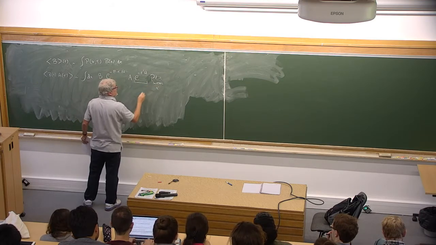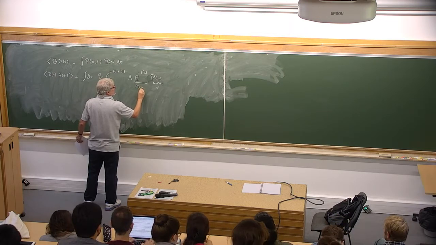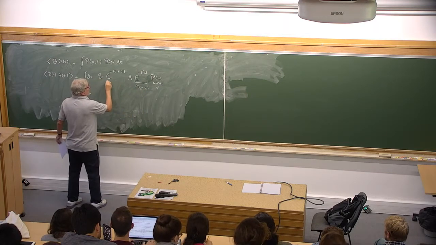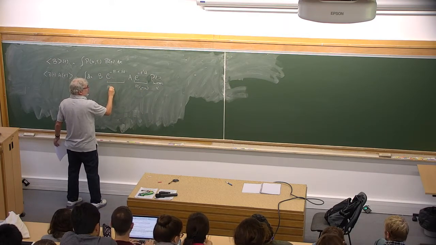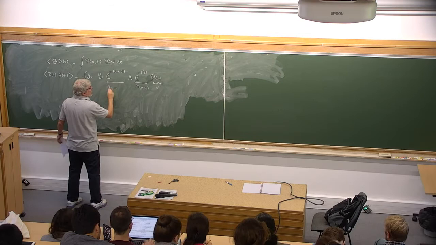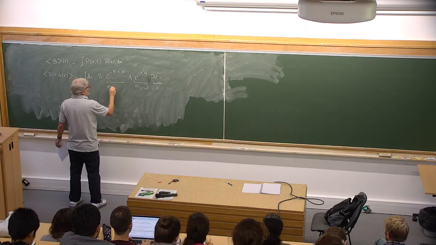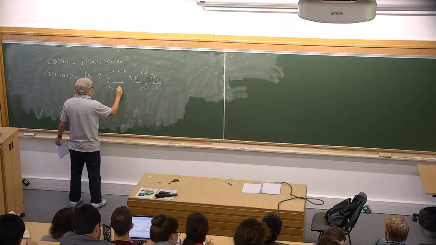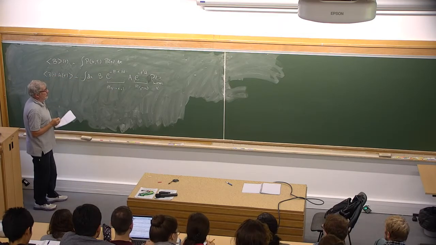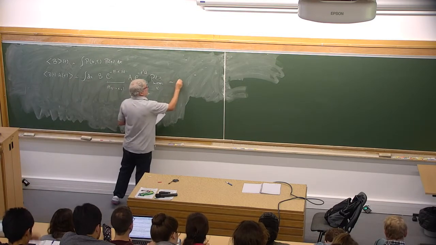If this starts in x prime, this is the probability of going from x prime at time 0 to x at time t. This would be the probability of going from x at time t to x at time t prime, and this would be the integral over the final time. So this is what would denote C_BA.